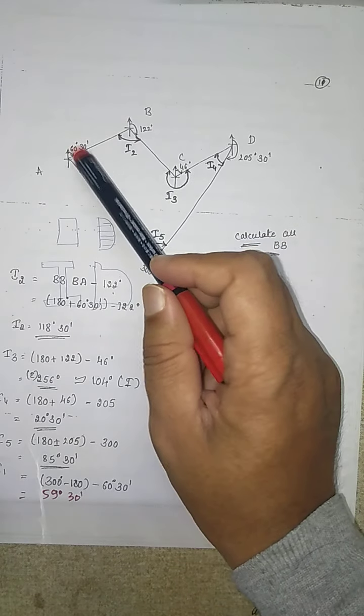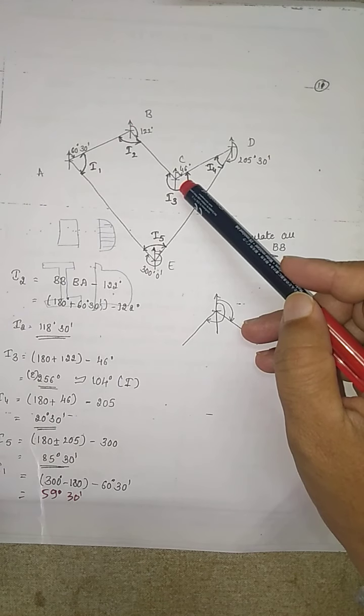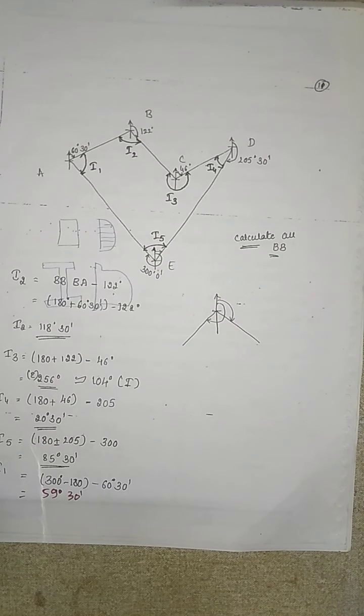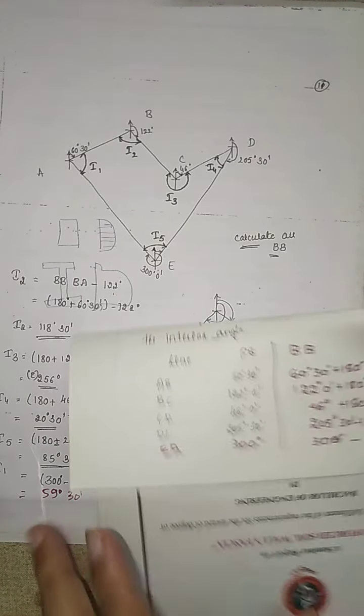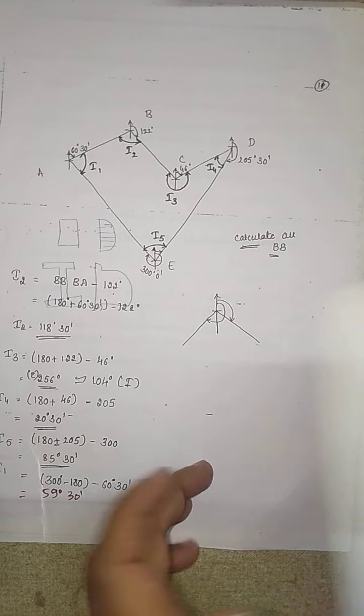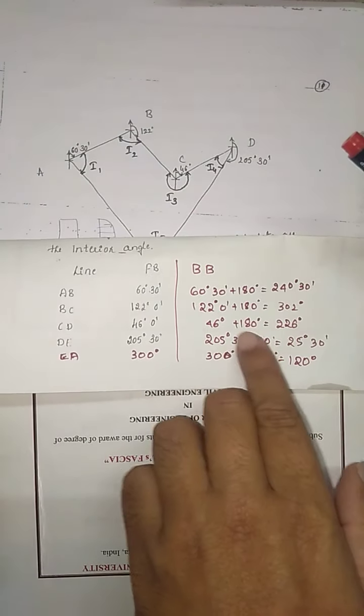So back bearing of the line BA minus fore bearing of the line BC. Back bearing you have already calculated. How much is the back bearing for the line BA? It is 240 degree 30 minutes.